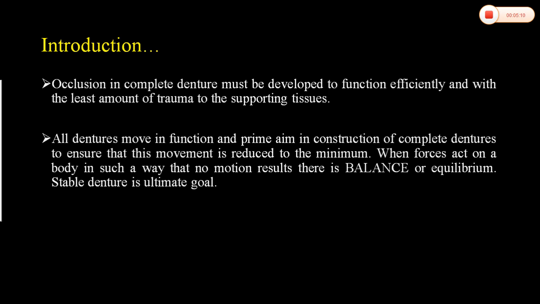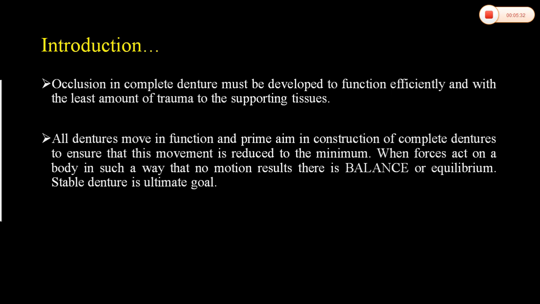And one more, all dentures move in function. As these dentures are lying on the mucosal tissue, which is resilient in nature, they have a slight amount of movement. And the prime aim in construction of complete denture is to ensure that this movement is reduced to the minimum.